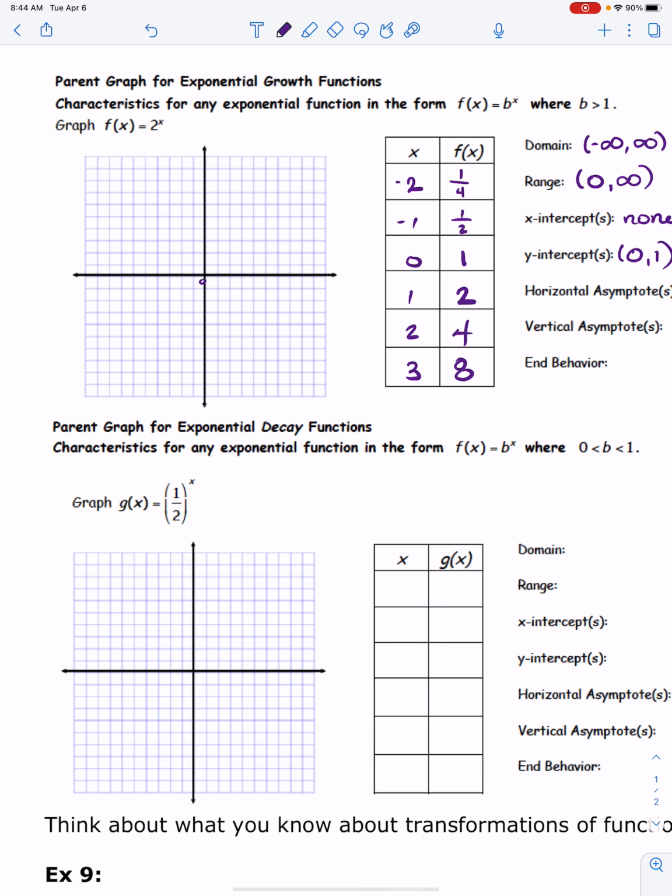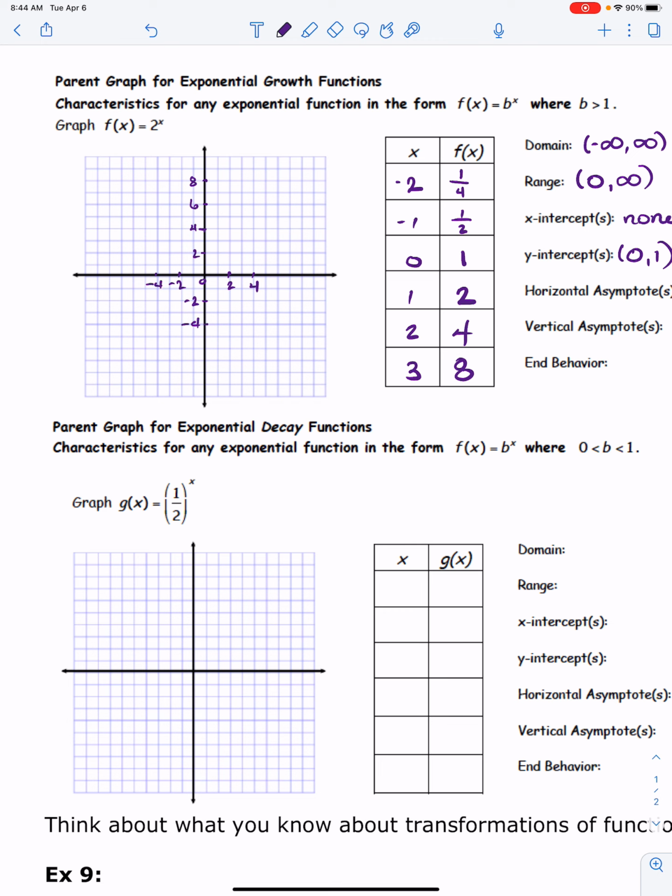So 0, I'm going to go ahead and label these. Which makes it a little crowded over here on the negative side, but we're going to be okay.